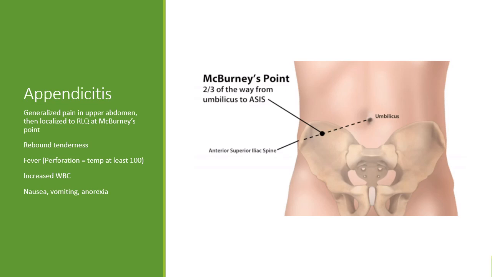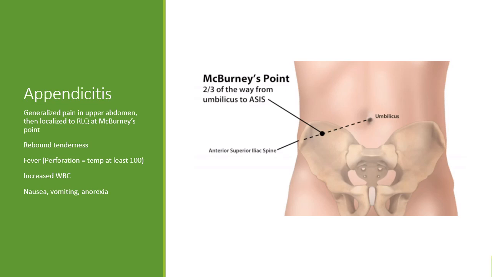So when you push in, the patient may experience a little bit of tenderness, but when you let go, the tenderness is more severe. At the general RN level, we don't necessarily assess for rebound tenderness if you suspect appendicitis, because our concern is for perforation.